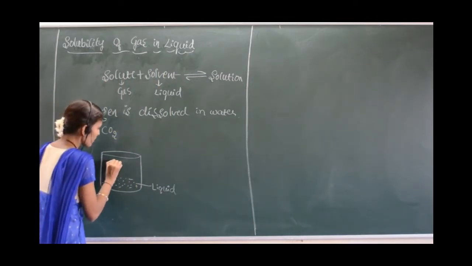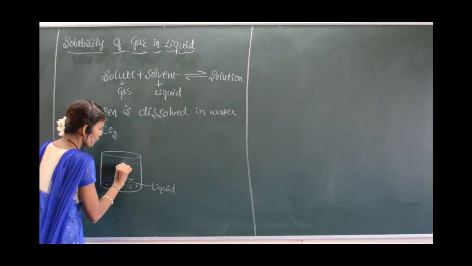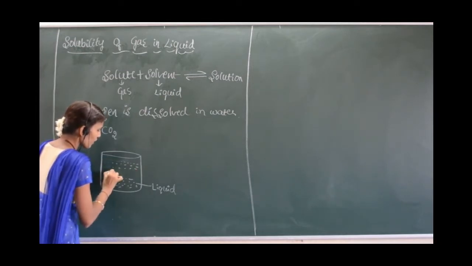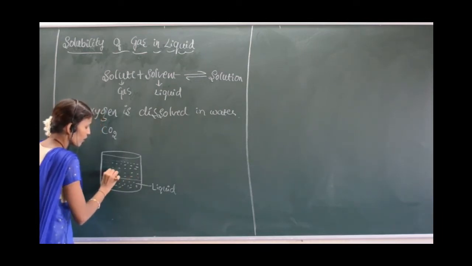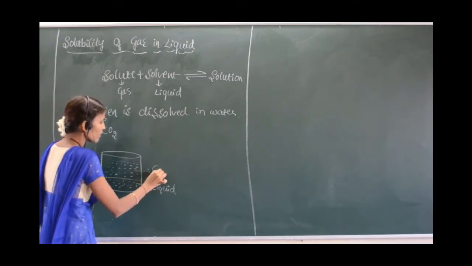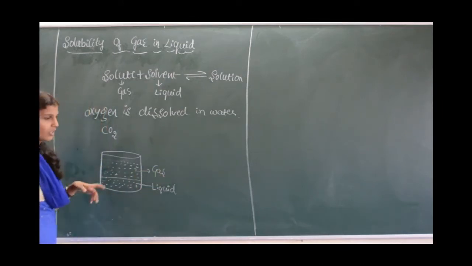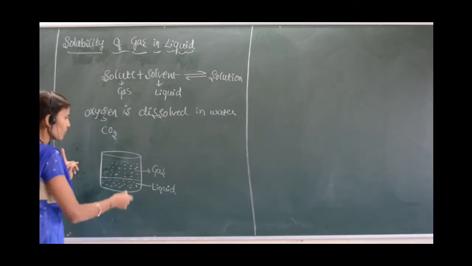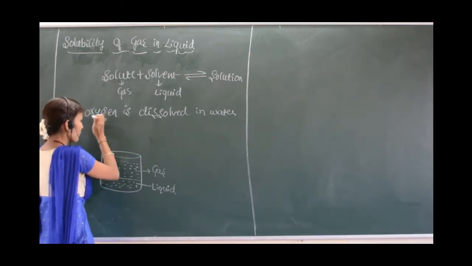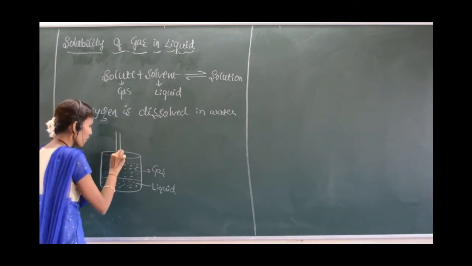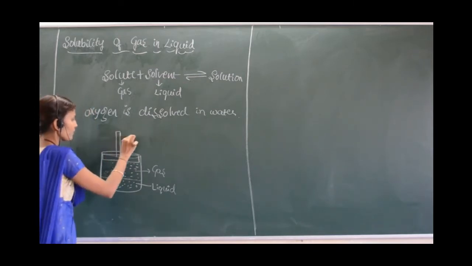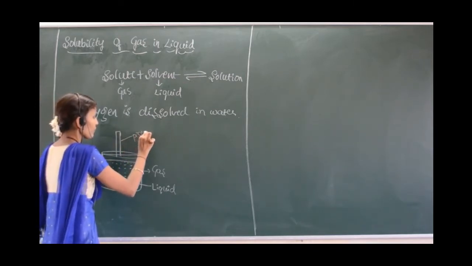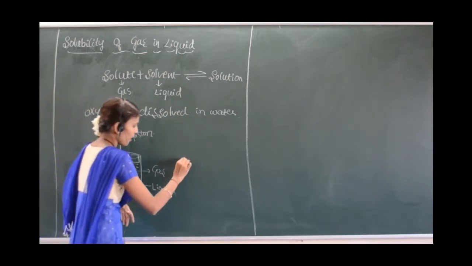Now, let us consider this is a gas which we want to dissolve in the liquid. Up to this it is a liquid, and whatever is the upper part, this is a gas. We are going to dissolve this gas in the liquid. Suppose there is a piston above it. Simply think like this, it is a piston. Now, I will draw one more diagram.